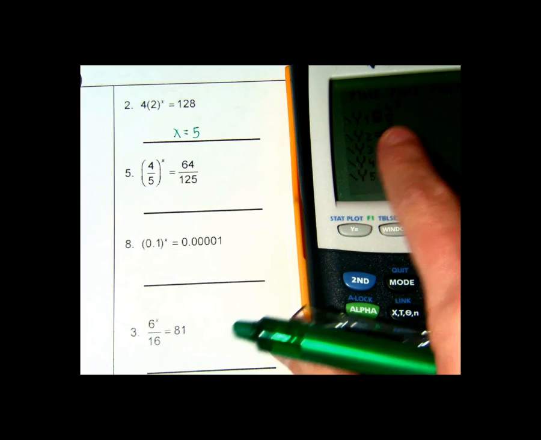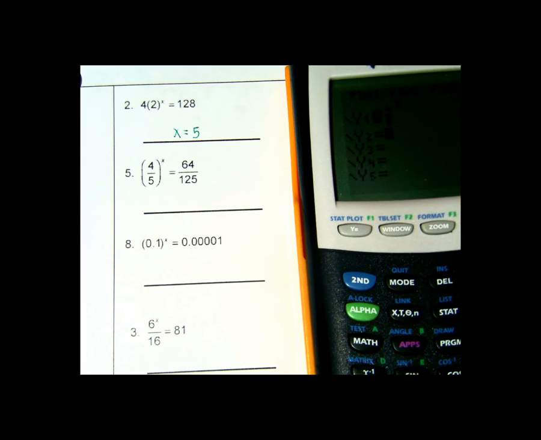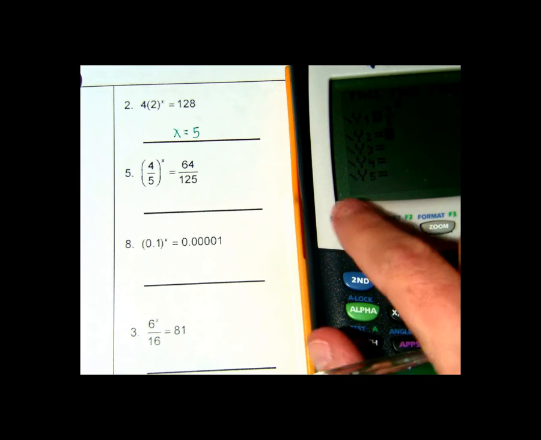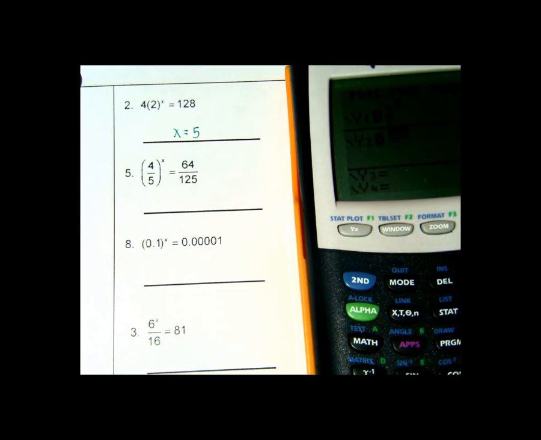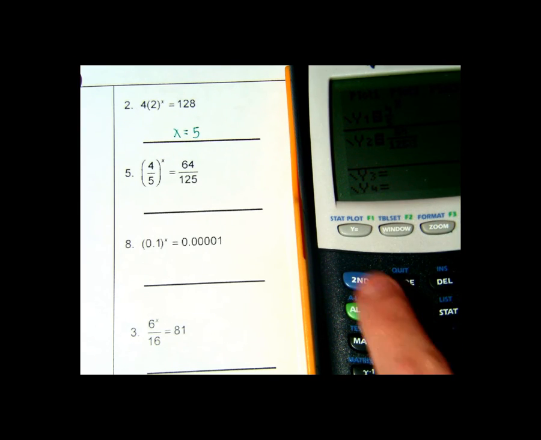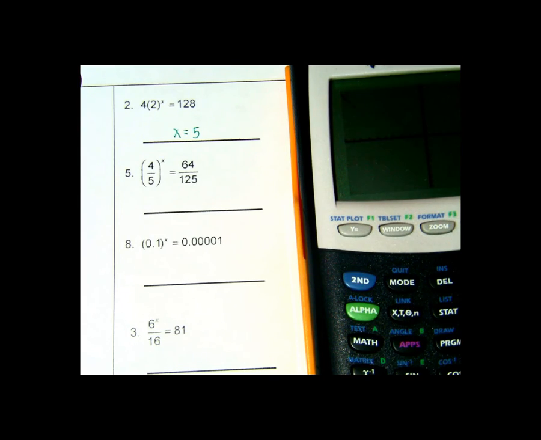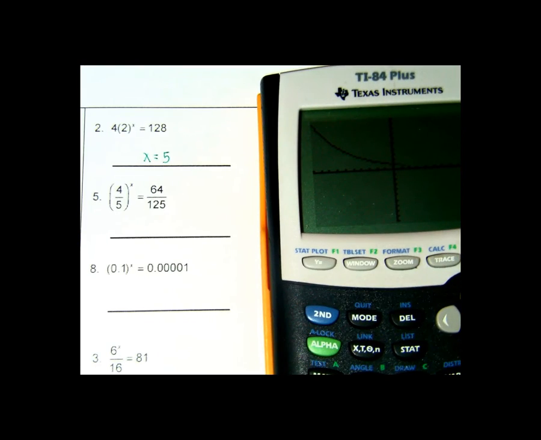See, I told you sometimes it will take out the parentheses because it doesn't need it. Don't worry, the calculator knows what it's doing. Second, trace, 5. Wait. This one looks very low. 1, 2, 3. x equals 3.